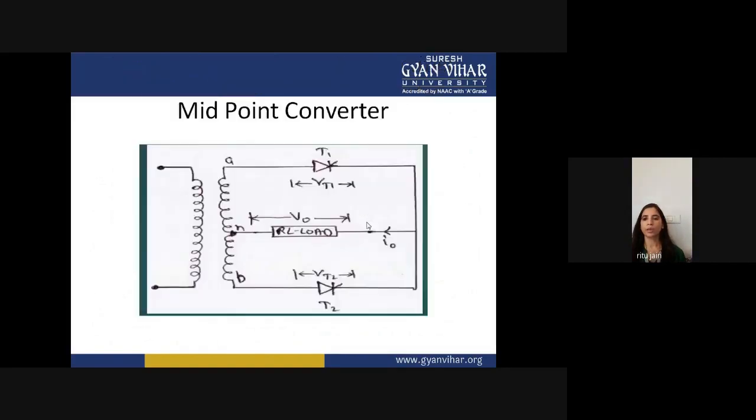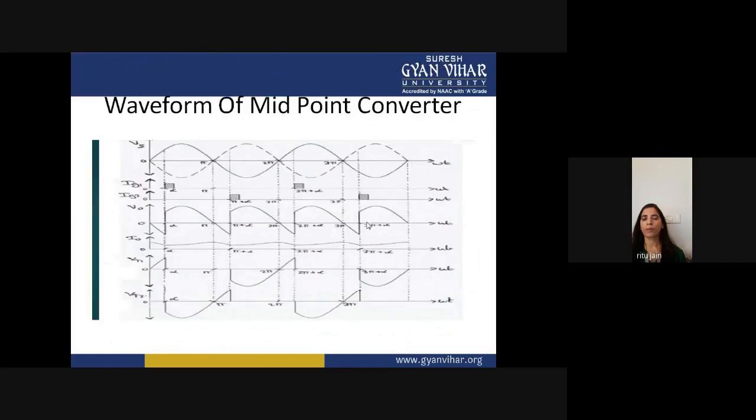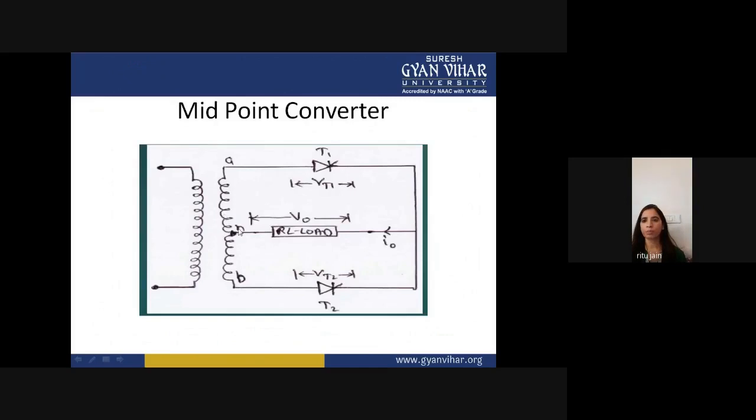Now, during this positive half cycle, you can see that it is conducting from 0 to pi. When we apply positive voltage in this circuit, this terminal becomes positive and this terminal becomes negative for the positive half cycle.